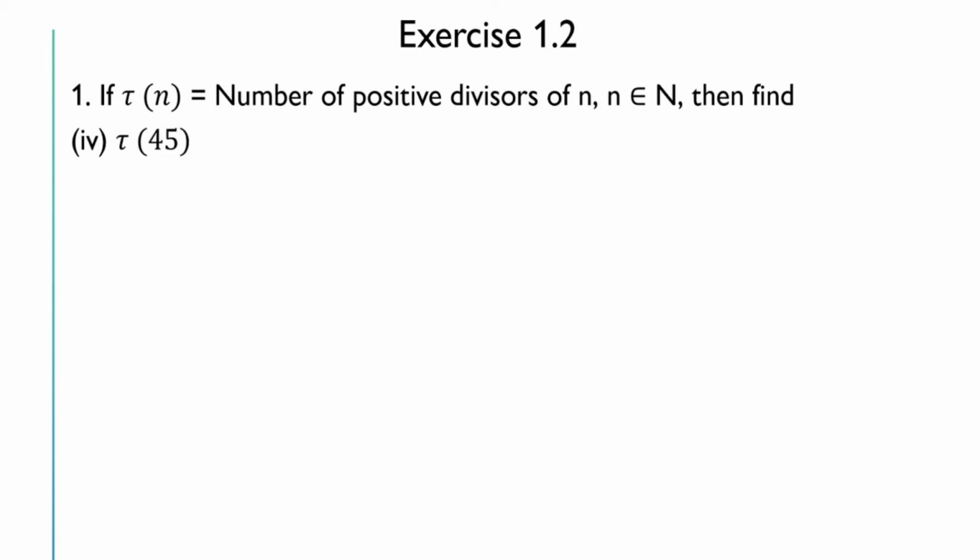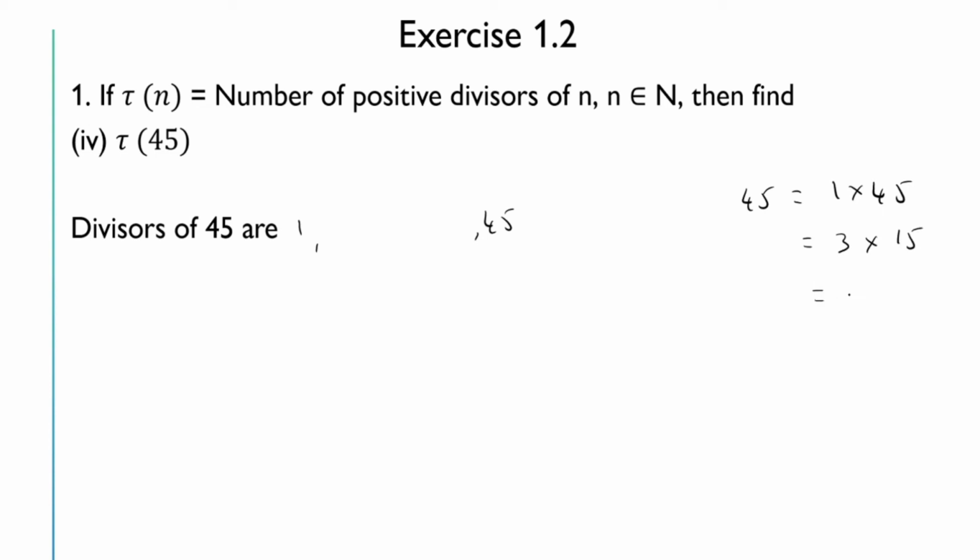The next one is tau of 45. So the various divisors of 45: 45 is equal to 1 into 45. Then it is not divisible by 2. Next we will see 3: 3 into 15. Then it is not divisible by 4. The next number is 5: 5 into 9.